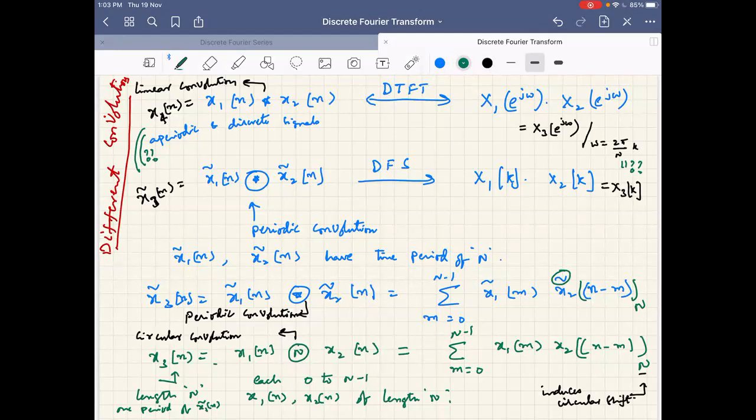Okay, so for aperiodic discrete signals, what we have defined earlier is the discrete time Fourier transform, and for periodic discrete sequences, we have defined the discrete Fourier series. We have seen in the previous discussions that multiplication in frequency domain amounts to circular convolution in time domain.